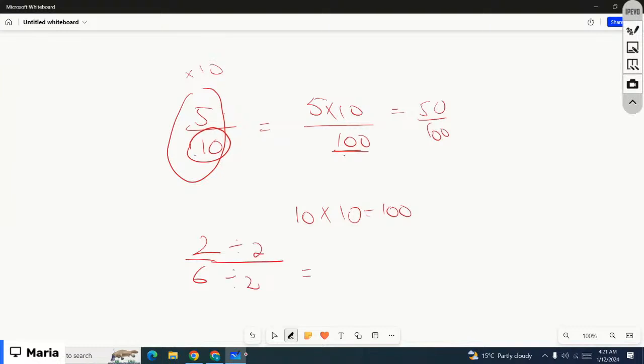So the greatest number that can divide both is 2. So 2 divided by 2 is 1 and 6 divided by 2 is 3. So that equals 1 over 3. The correct option is 1 over 3, right?